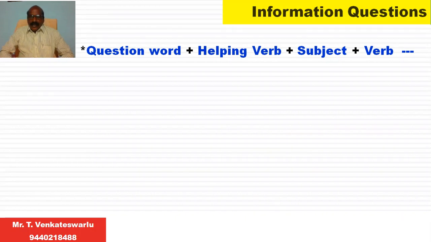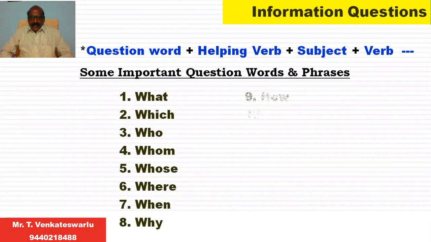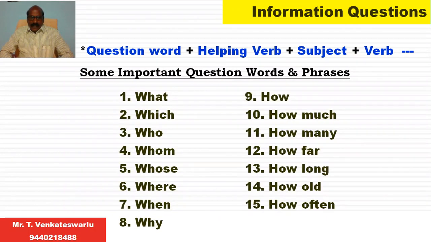And now let's know about some important question words and phrases. In today's class, I'll deal with only the important question words, and those question words are what, which, who, whom, whose, where, when, why, how, and the other words, they are called question phrases.